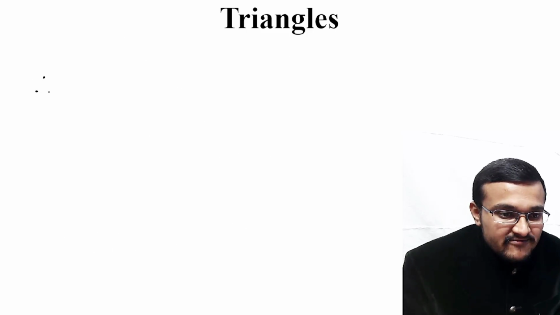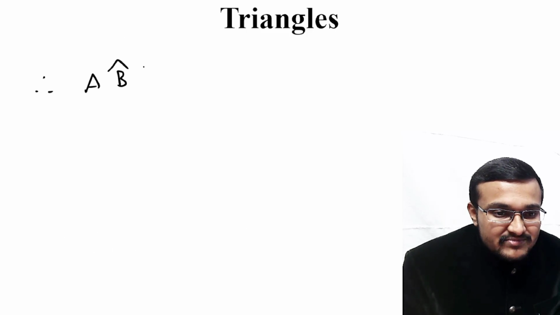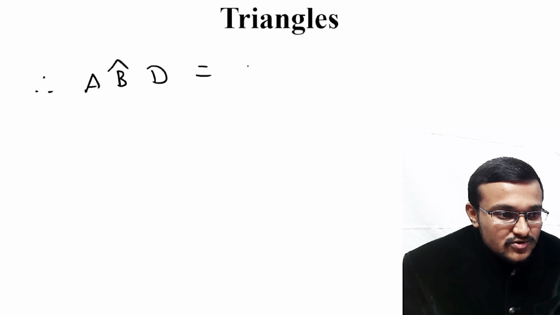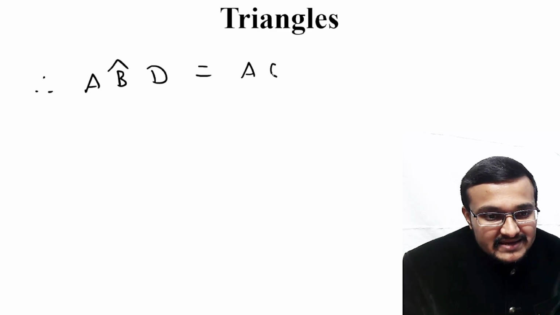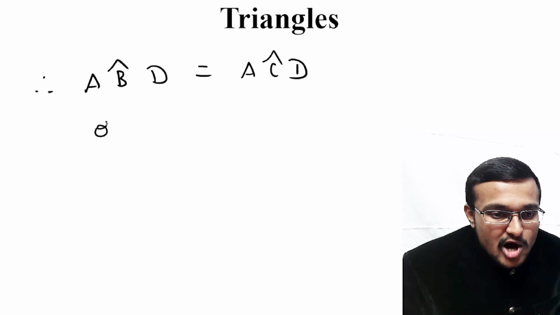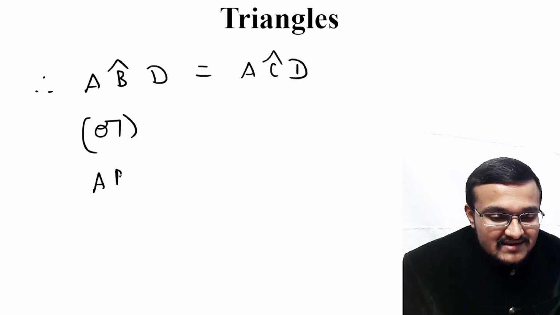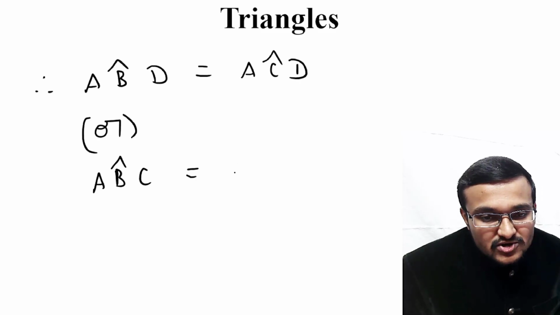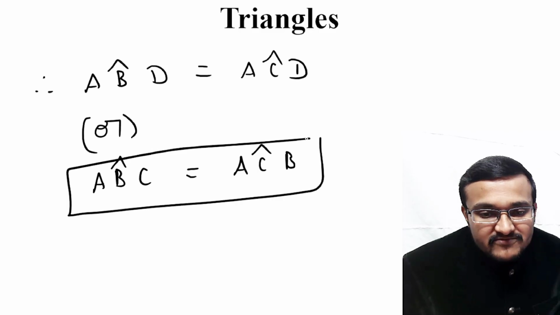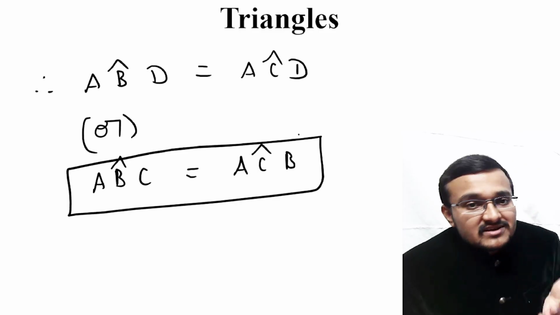So therefore angle ABD is equal to angle ACD, or you can write this as angle ABC is equal to angle ACB. So this is what we need to prove in this particular theorem.